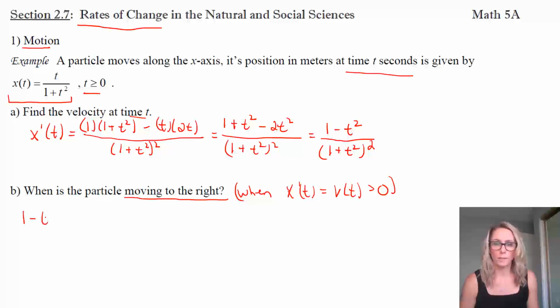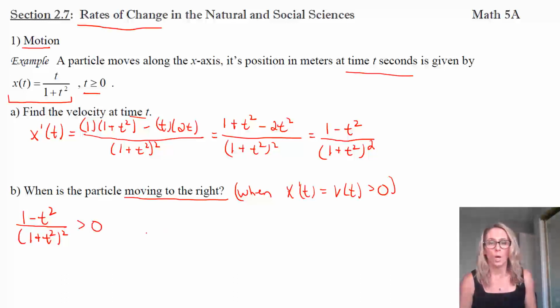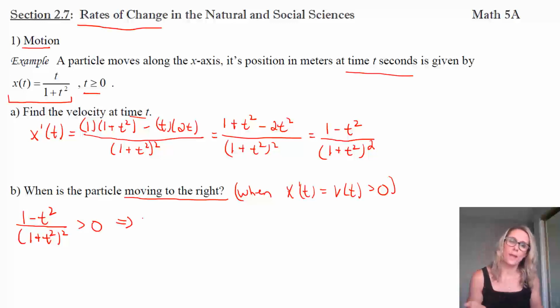So if I set 1 minus t squared all over 1 plus t squared squared, and I do an inequality, we want to know when it's greater than 0. A couple things to think about, stuff that we already know. Looking at the denominator, we have this 1 plus t squared squared, and that's always going to be positive. 1 plus t squared is always positive because t squared is always positive, and if you take a positive and you square it, it's always positive.